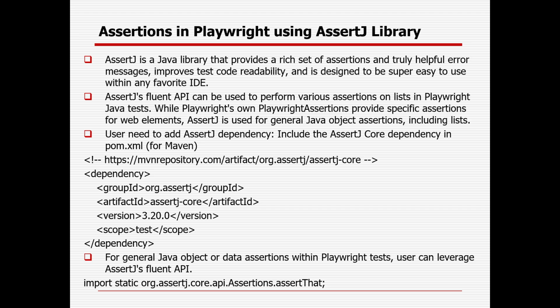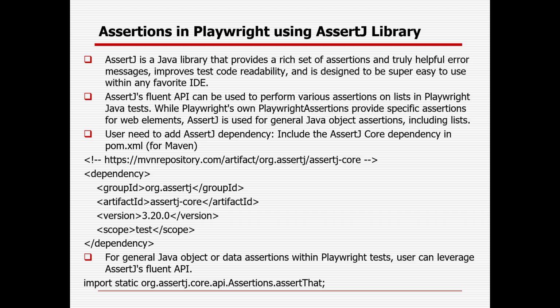So AssertJ is a Java library which provides a rich set of assertions and truly helps with error message handling, improves test code readability, and is designed to be super easy to use within any favorite IDE like Eclipse, IntelliJ, etc. AssertJ's Fluent API can be used to perform various assertions on a list in a Playwright Java test, while Playwright assertions provide specific assertions for handling web elements, whereas AssertJ is used for general Java object assertions, including lists as well.